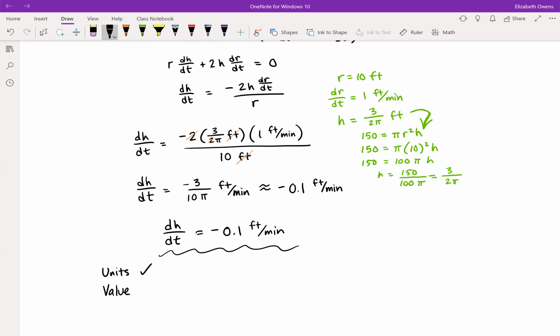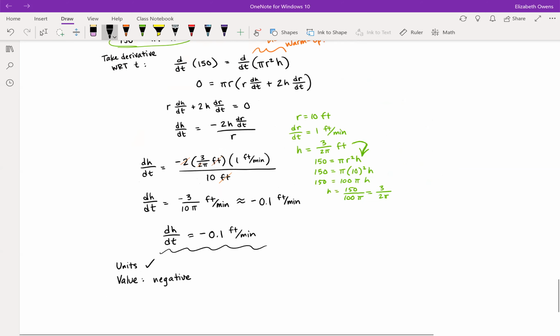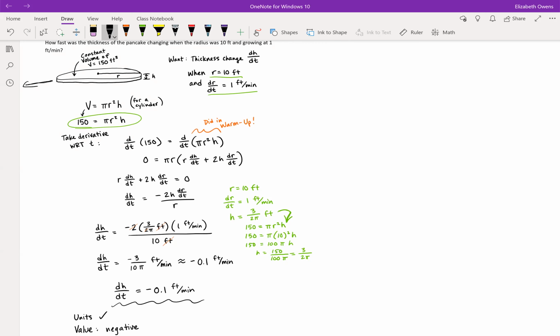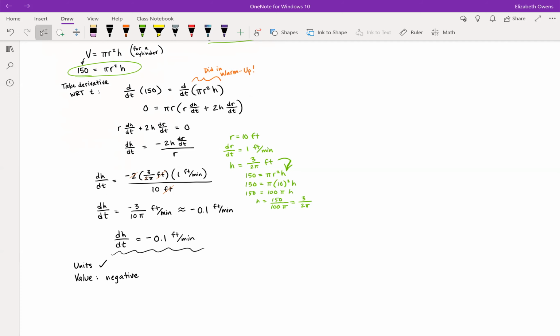The fact that it's negative makes some sense because as this pancake spreads out, it's going to be getting thinner. So the radius is increasing, and the thickness is going to be decreasing as it flattens.